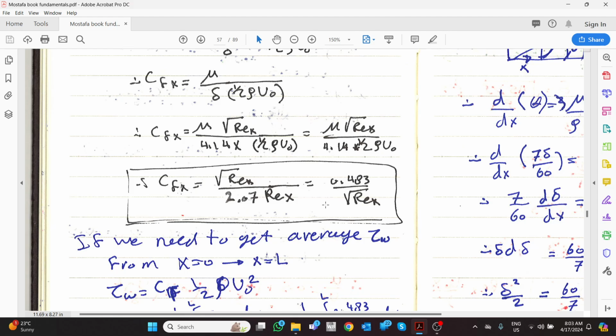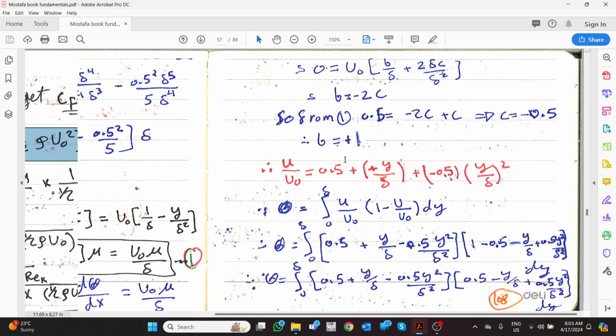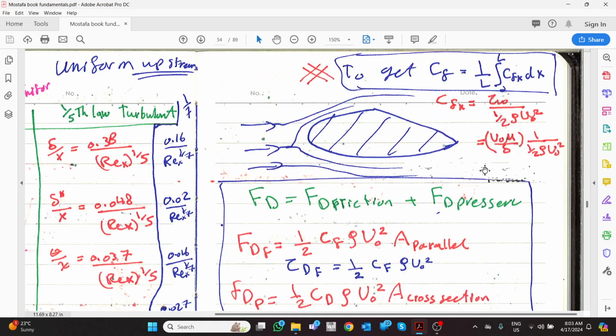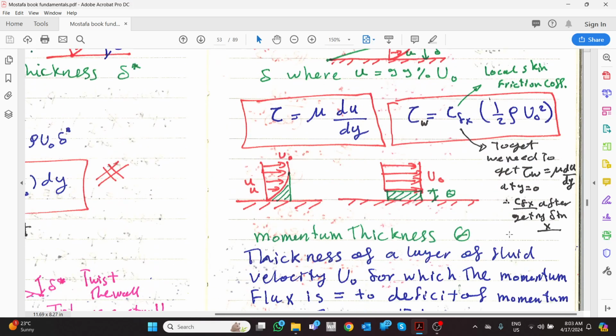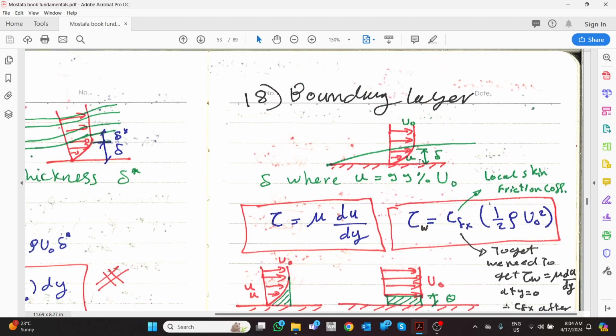So now we know what the coefficient of friction is. What is the coefficient of skin friction for that shape? Whatever I change in U and the density of the flow, whether it is grease, oil, water, whatever, I know this in respect of its location in the x direction, because it changes.